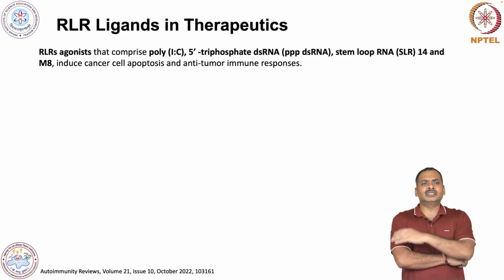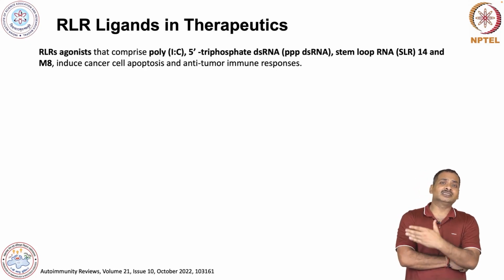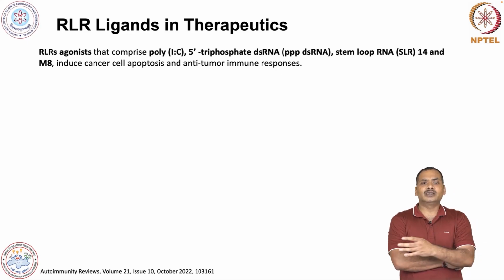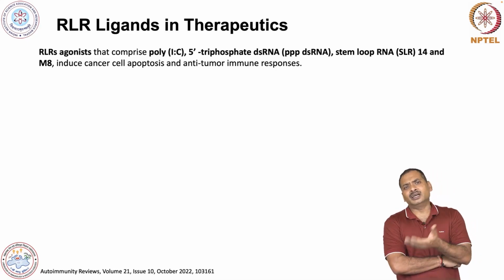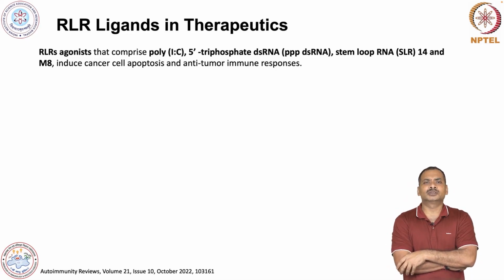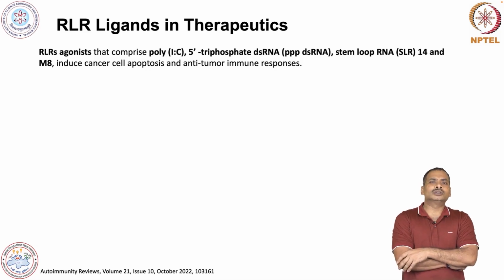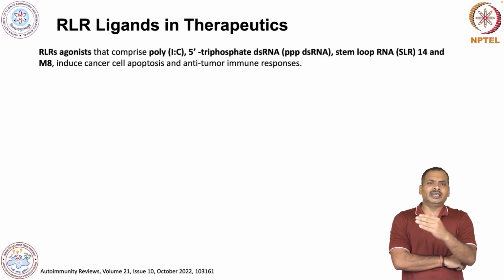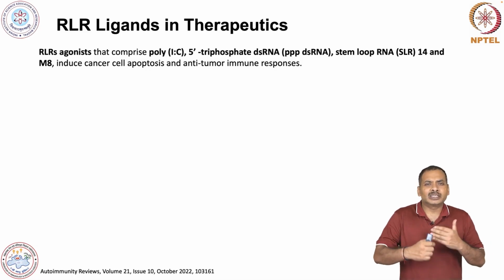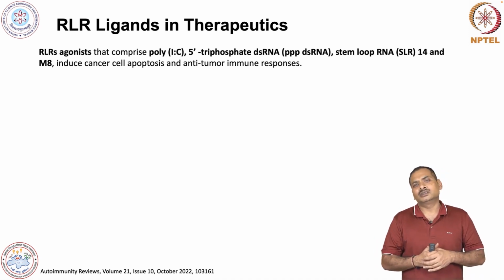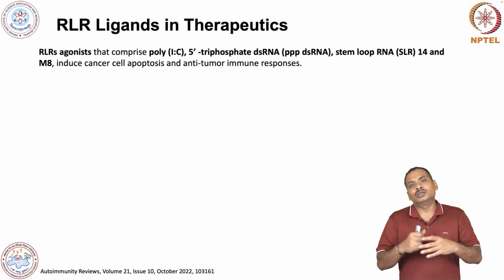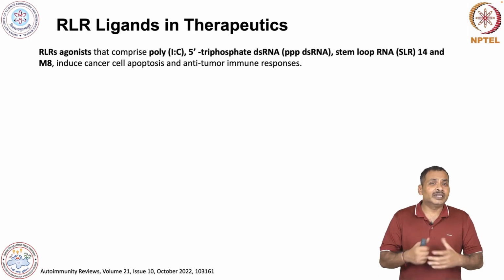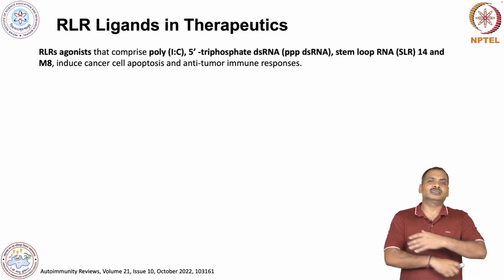Okay, this basically induces cancer cell apoptosis, and it enhances the anti-tumor immune response. So these ligands basically potentiate our host immunity in order to clear or eliminate the transformed cell or cancerous cell.